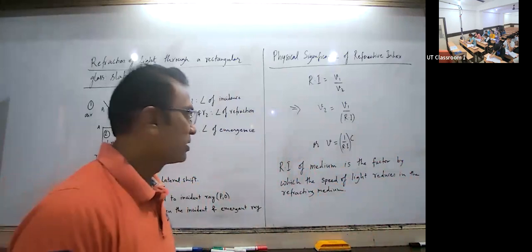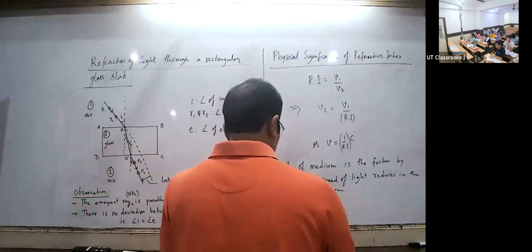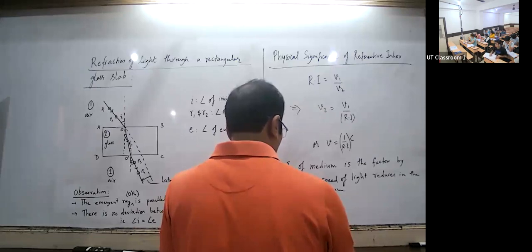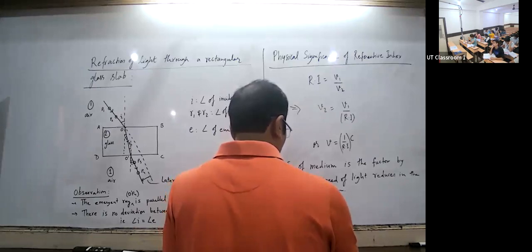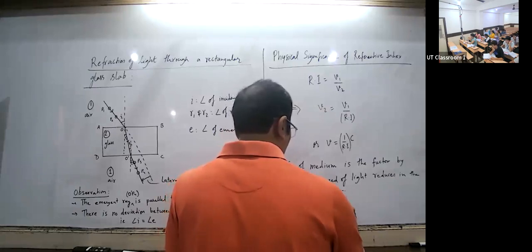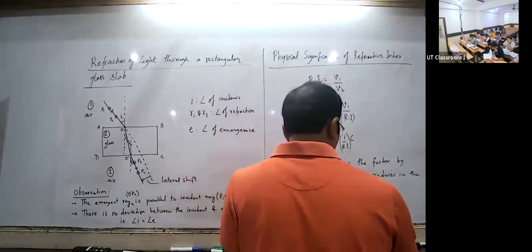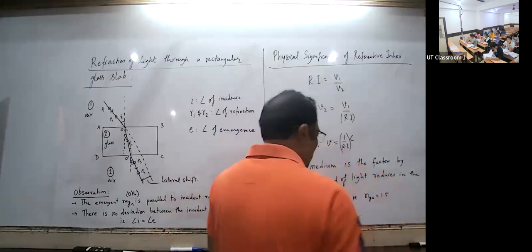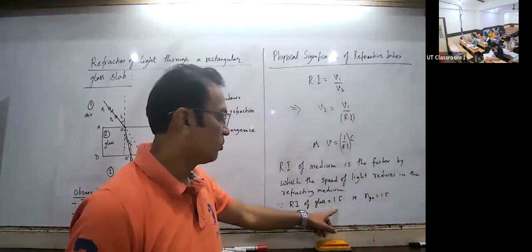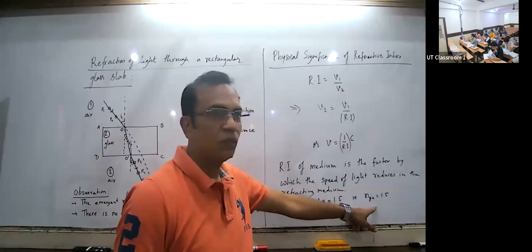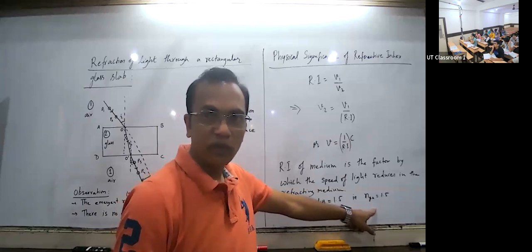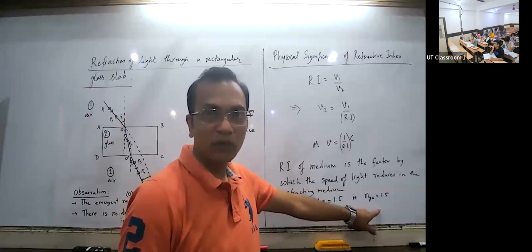For example, glass. When we say the refractive index of glass is 1.5, it means the refractive index of glass with respect to air. Sometimes it is also written in terms of letters, G for glass, A for air.